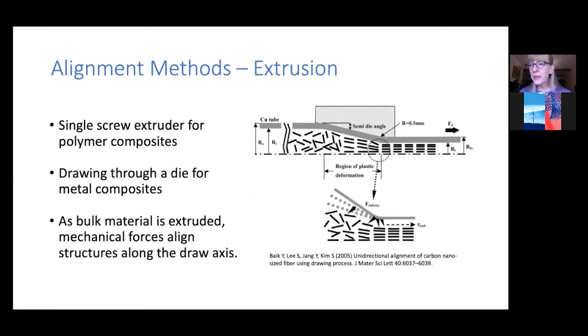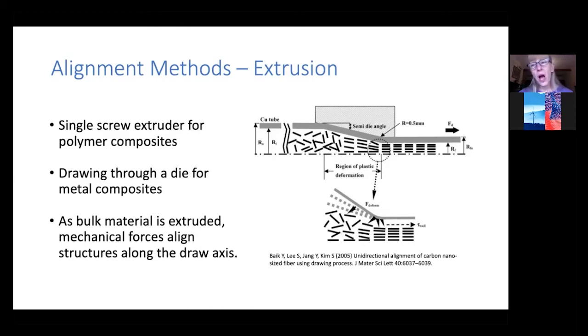Another common method that you would see in the literature are extrusion methods. Extrusion methods have been used with a variety of small-scale structures, including carbon nanofibers, as shown in this publication from 2005.